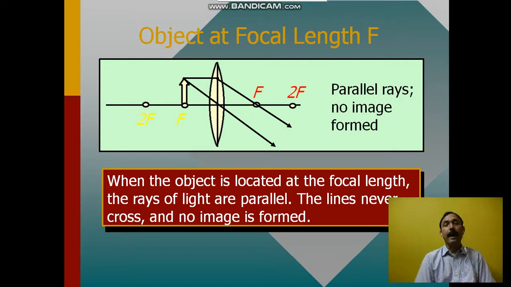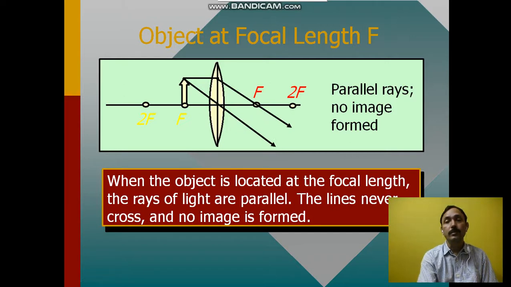Object at focal length f. Here the object is placed at the focal length. Now this ray is parallel to the principal axis and will pass to the focus, and this ray will pass to the optical center. They will not meet.